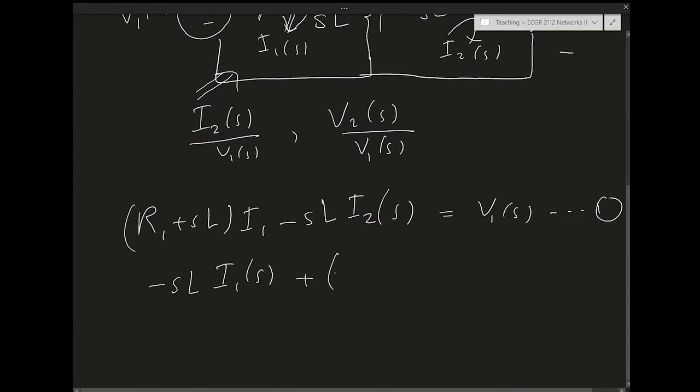So I'm going to have (SL plus 1 over SC plus R2) times I2(S) gives me 0. This is equation number 2. Equation number 1 and equation number 2. To get the transfer function, we need to solve for I2. If we solve for I2, we can just divide it by V1 and get the transfer function.